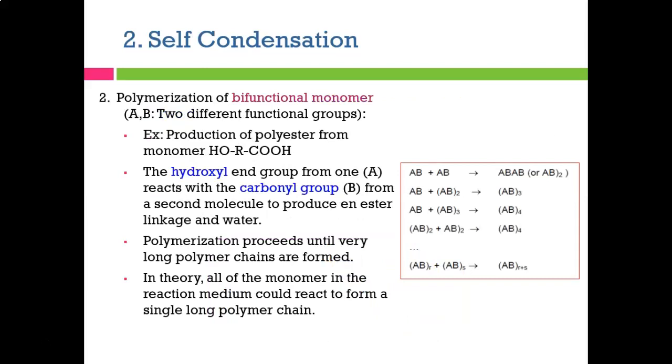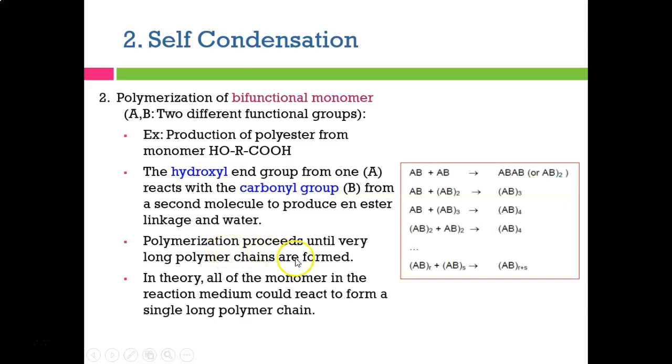Now we look at the self-condensation that involves a bifunctional monomer. Okay. We have two different functional groups. Kita ada dalam satu monomer ada dua functional group, for example, functional group A dengan functional group B. For example, in the preparation of polyester from monomer HORCOOH, the hydroxyl, which is OH from one monomer, considered as functional group A, reacts with the second functional group, which is carboxyl COOH from a second molecule to produce an ester linkage and water.